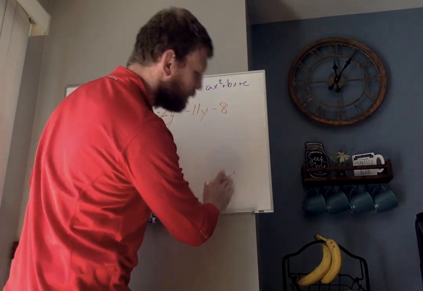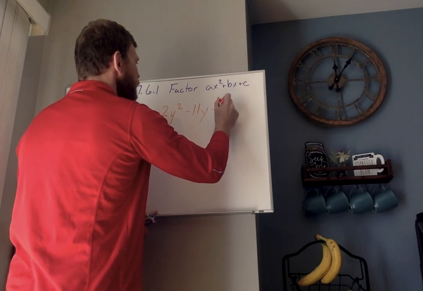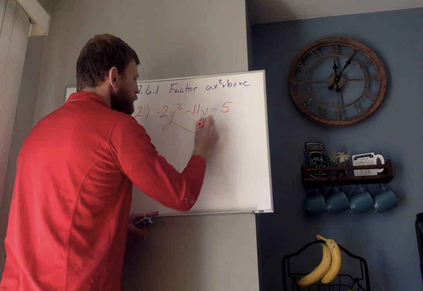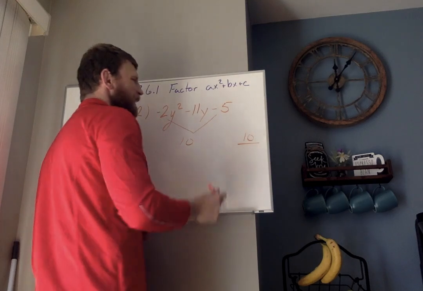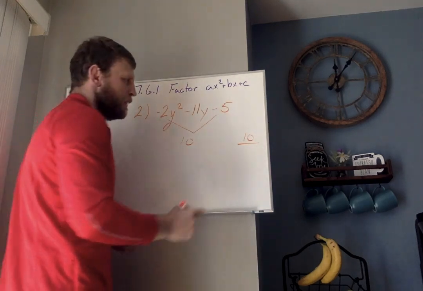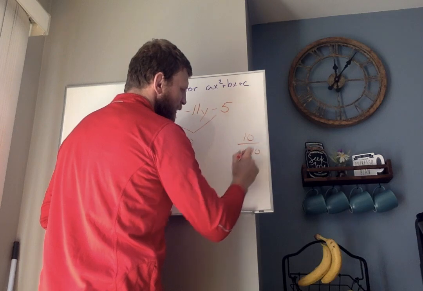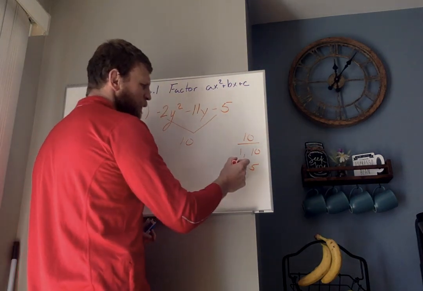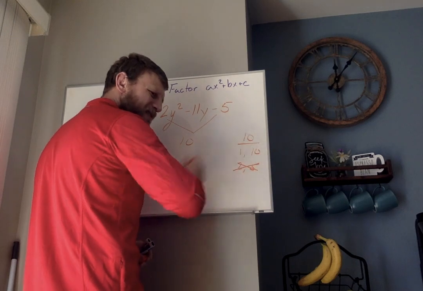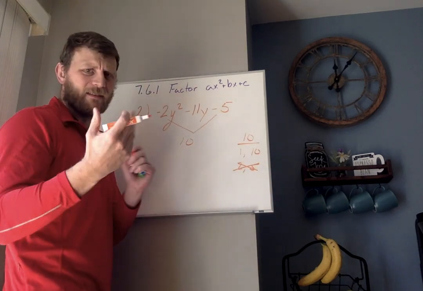Oop, no, that's a 5. So minus 5. So I'm going to do negative 2 times negative 5, that's 10. So I'm looking for the factors of 10 that can give me an 11. So I'm going to write my factors of 10, 1 and 10, 2 and 5. Okay, so here 2 and 5 is not going to give me an 11, but 1 and 10 can. 1 plus 10 is 11.